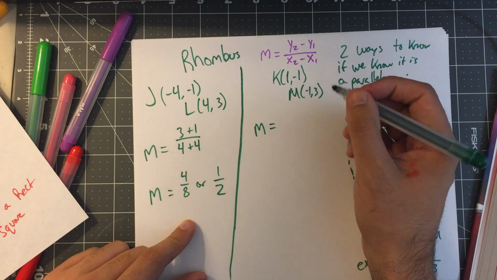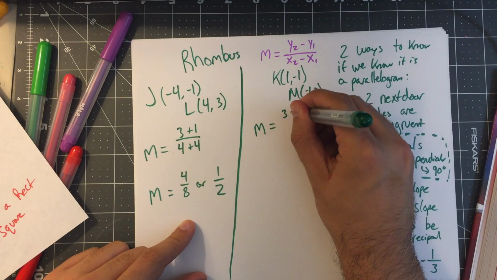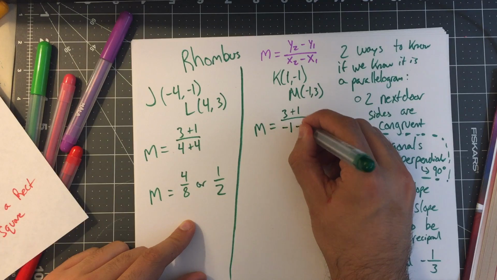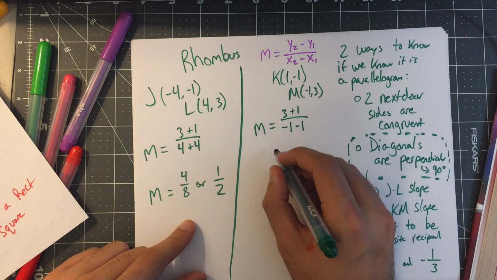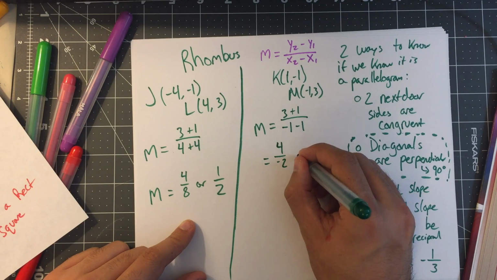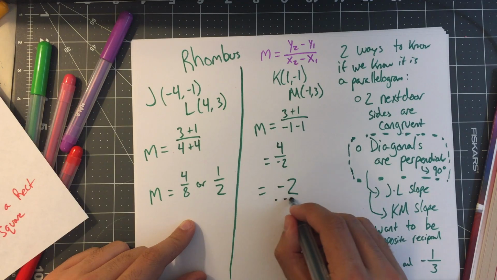So my slope is going to be 3 +1 minus -1. So, and then -1 minus 1. 4 over -2, also known as -2.